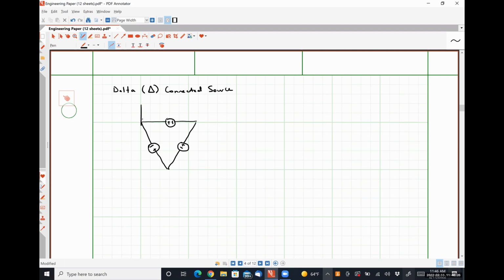So let's call this guy terminal A, this guy terminal B, and this guy down here terminal C, which would give us voltages VAB, VBC, and VCA. An alternative way to draw a delta connected source is like this.